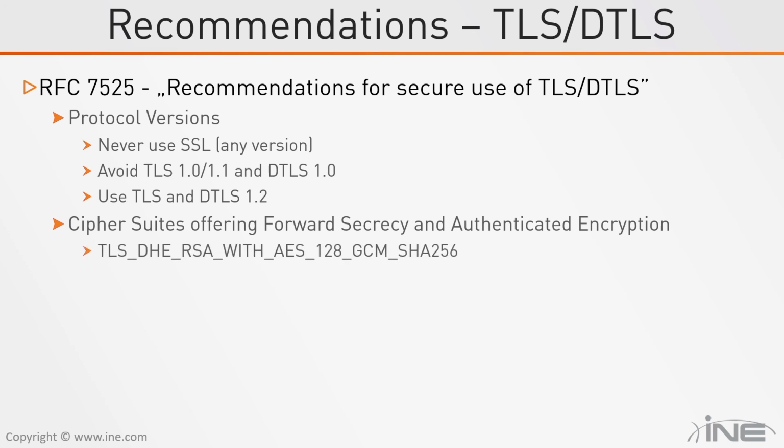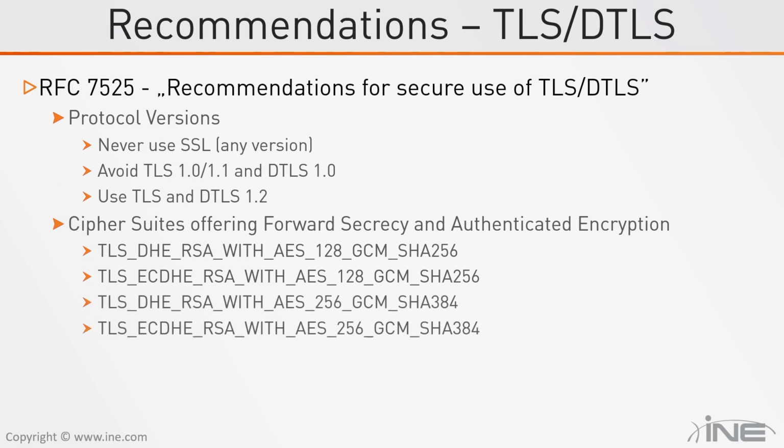So let's take a look at the actual ciphers. As you can see, it is always going to be Diffie-Hellman, either in the regular version or as one of the elliptic curve functions. It is always going to be RSA for digital signatures.